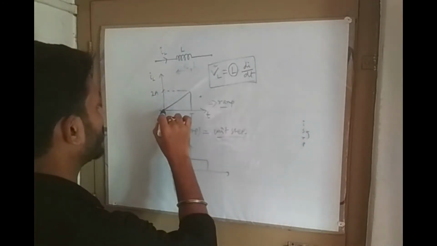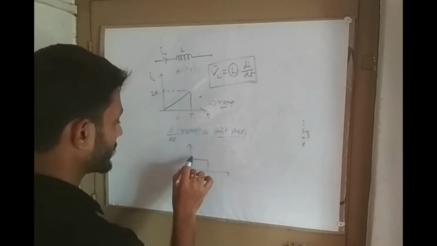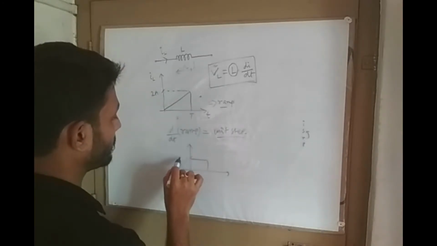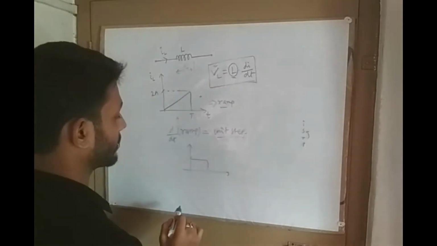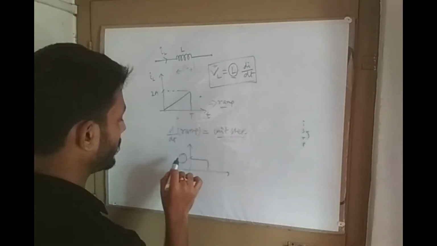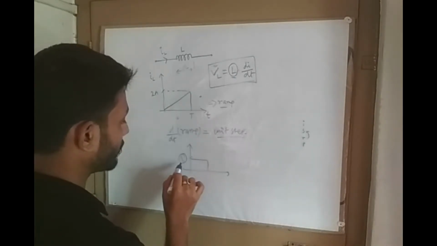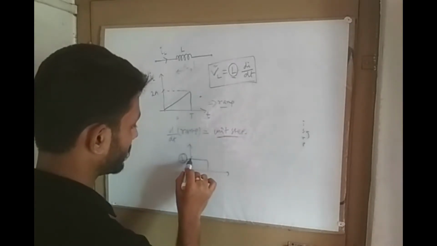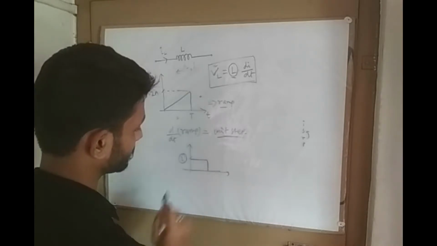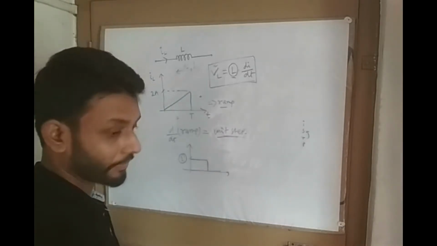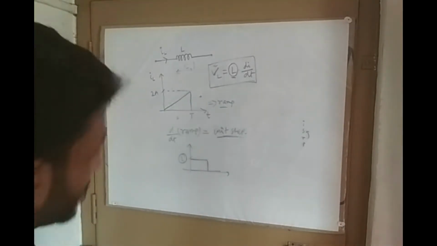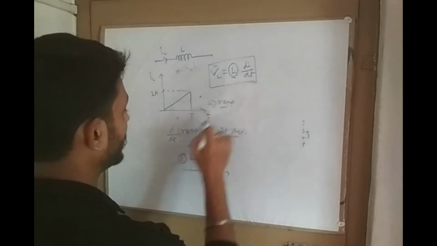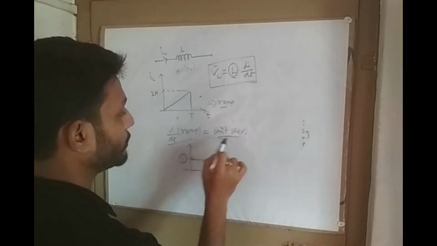So irrespective of the magnitude, because we don't know the value of inductor, we will not be able to find out this magnitude value, but the wave shape will be of unit step. We can tell this one. Okay. Derivative of ramp is unit step.